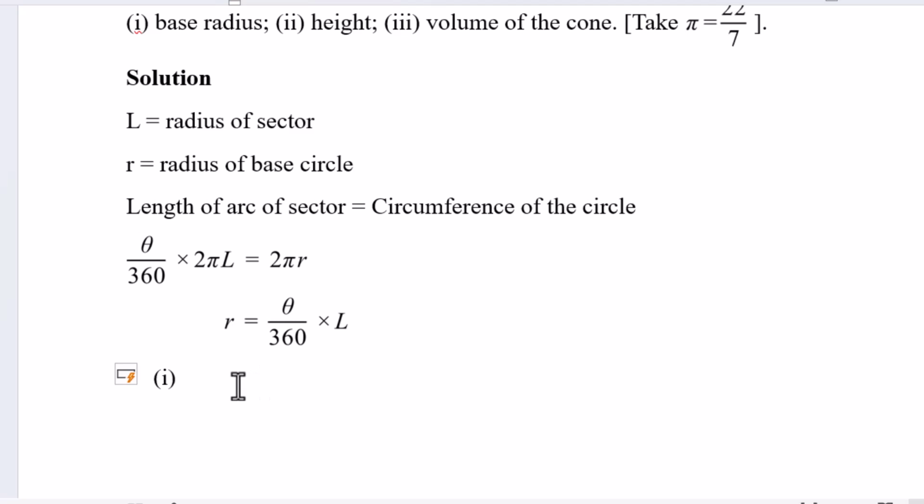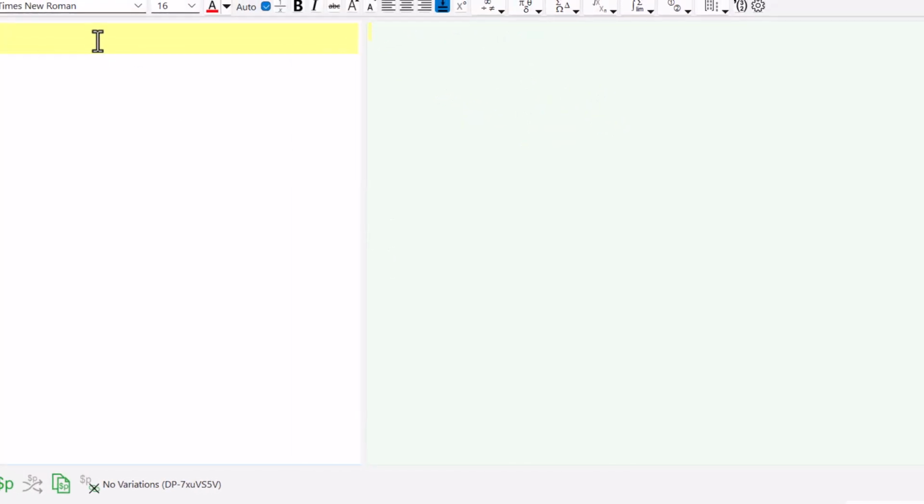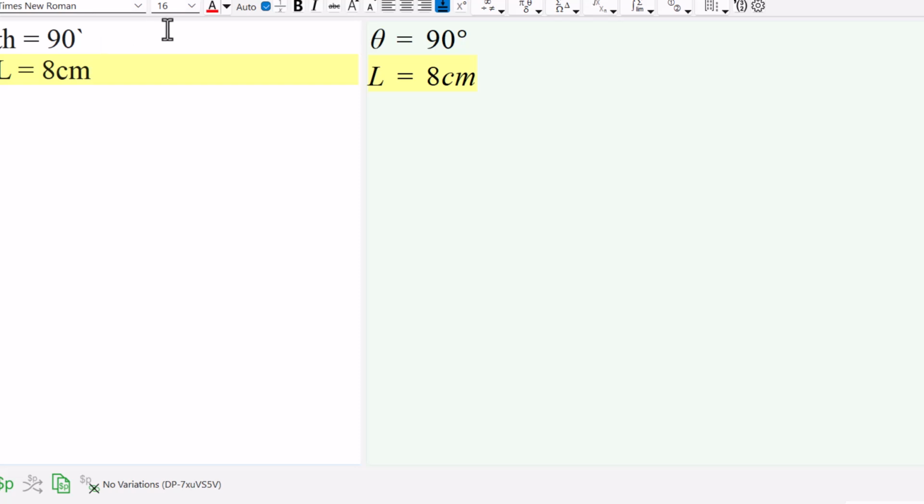If I want to calculate this, I'll go straight to the point now. Let me use this to input. Theta is already 90 degrees. That one is settled. Then the radius of the sector, which is the capital L, is 8 centimeters.